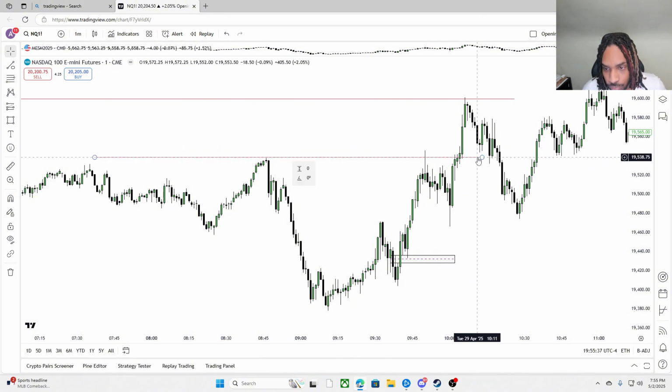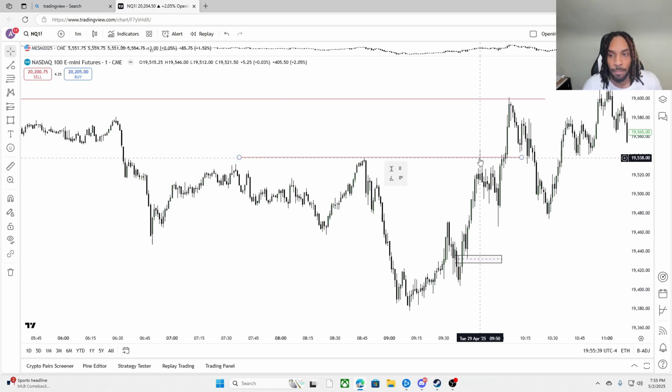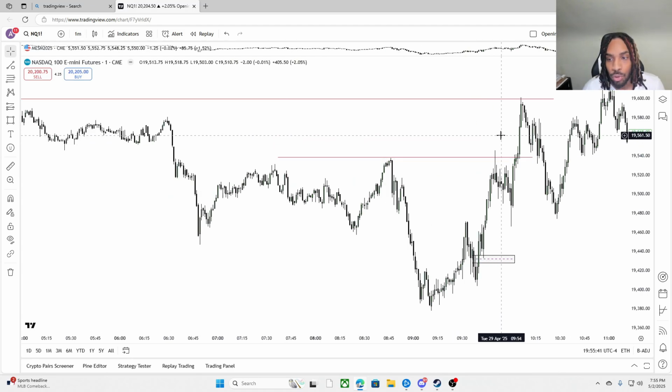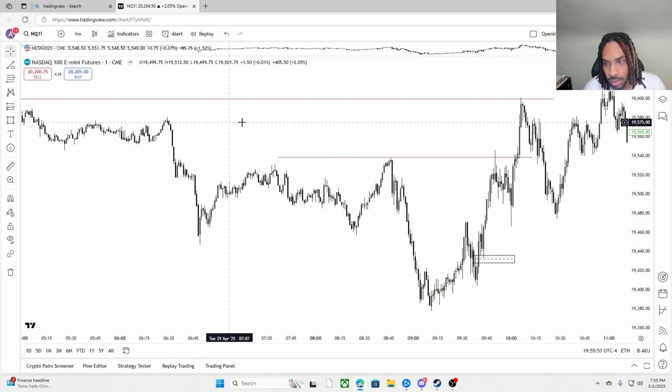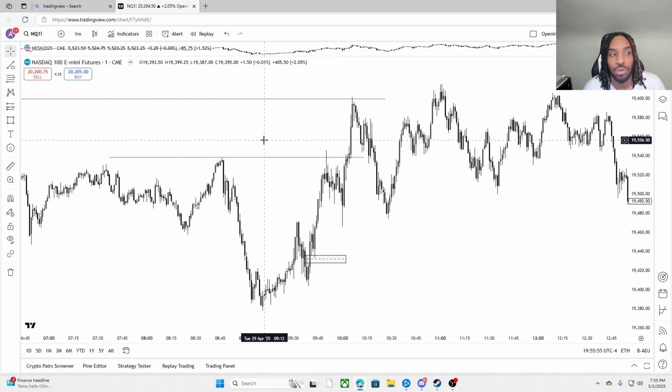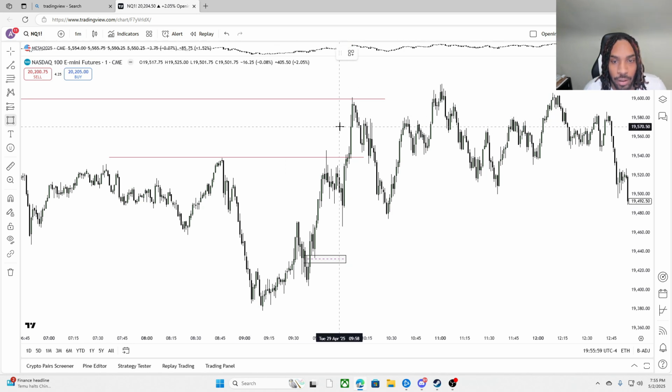So to answer your question with this video, the fair value gaps that you trade are the fair value gaps after the manipulation, and the fair value gaps that occur before we run the buy side targets. So some of you guys, what you would do is you would trade this fair value gap, right?